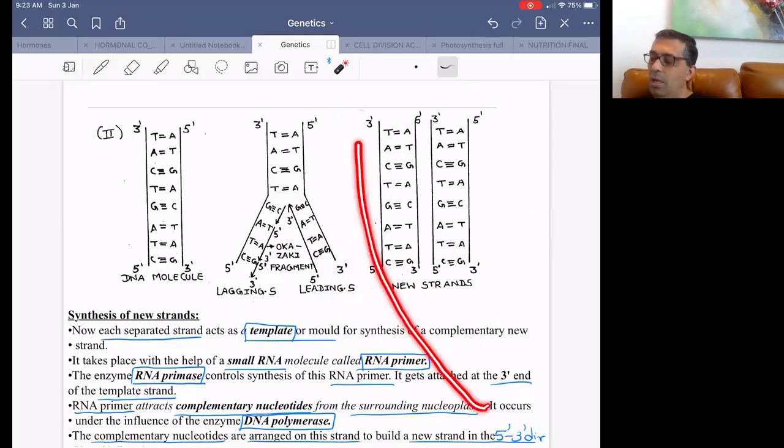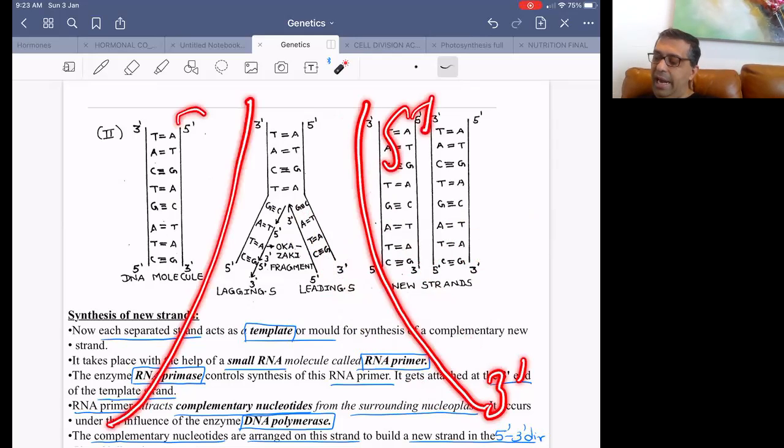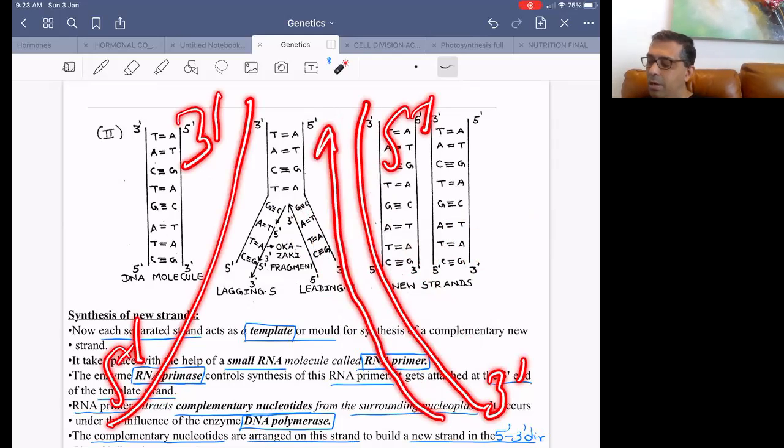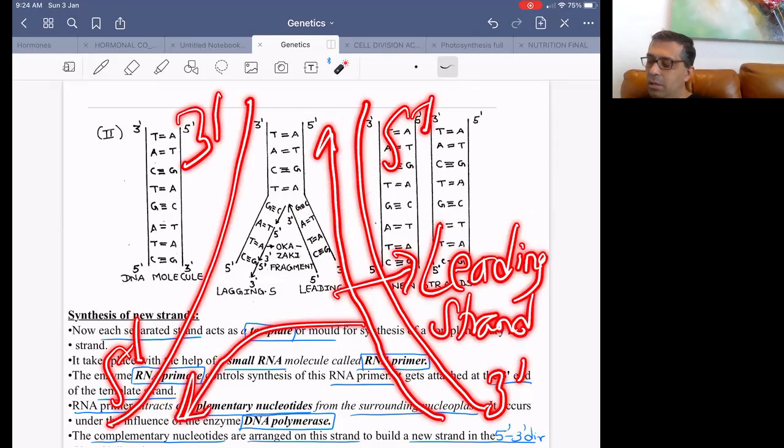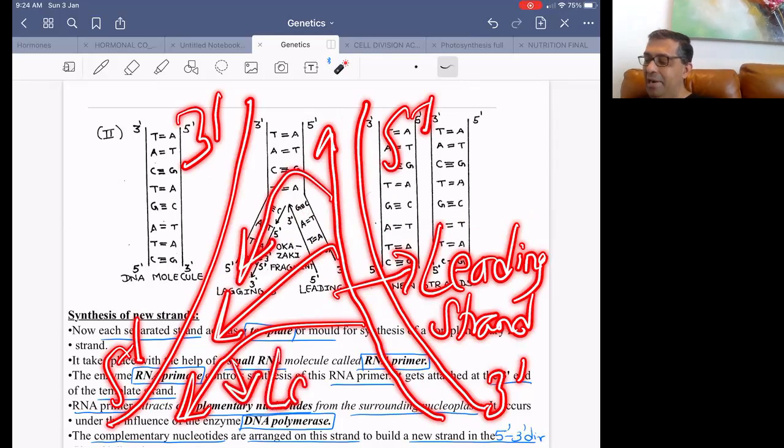So, this is 3 end to 5 end and this is 3 end to 5 end. In this strand replication takes place earlier and it is called the leading strand. And here replication is always later, and it is called the lagging strand.